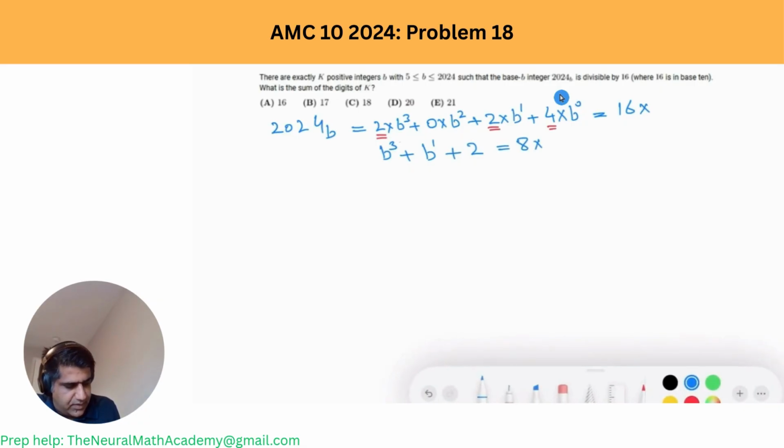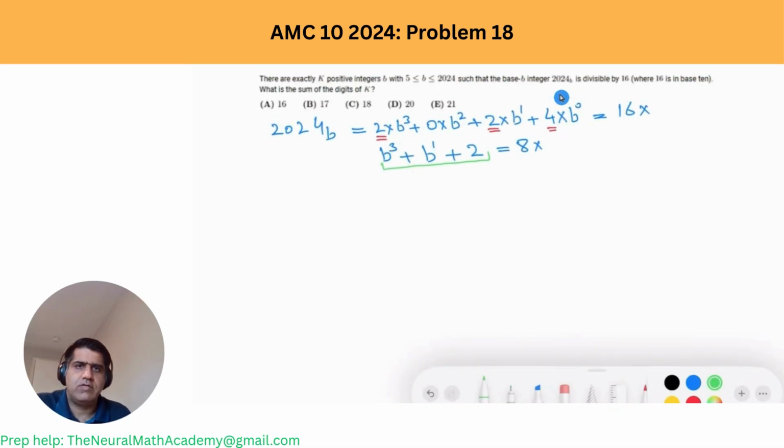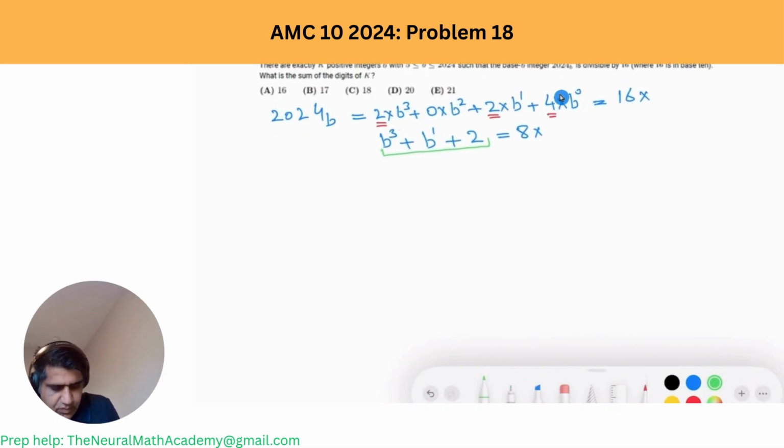So basically the number that we have should be divisible by 8. So now we need to find out for which numbers this expression is divisible by 8. So what we can do, we can start with 0 and go all the way up to 7, with 0 first.